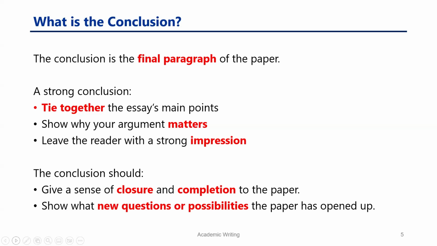The conclusion should give a sense of closure and completion to the paper. In other words, it lets the reader know that the paper is finished. It also shows what new questions or possibilities the paper has opened up in case anybody wants to explore the topic further in the future.